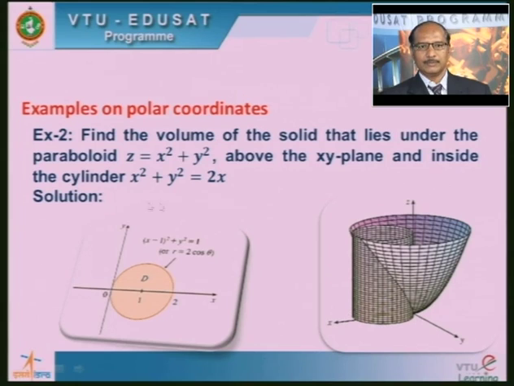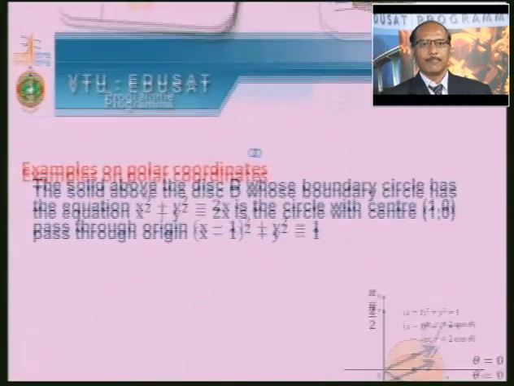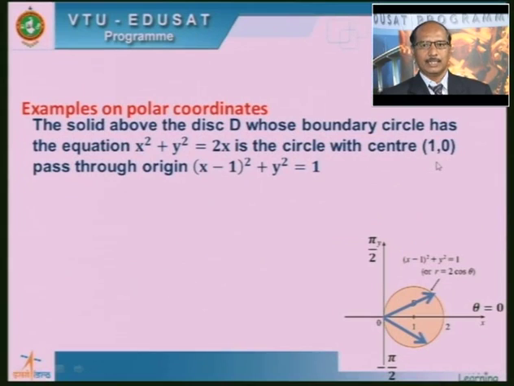So, x square plus y square is equal to 2x is the equation of the circle. One can write its center as 1, 0, passing through the origin. So, x minus 1 whole square plus y minus 0 whole square is equal to 1 is nothing but x square plus y square is equal to 2x.